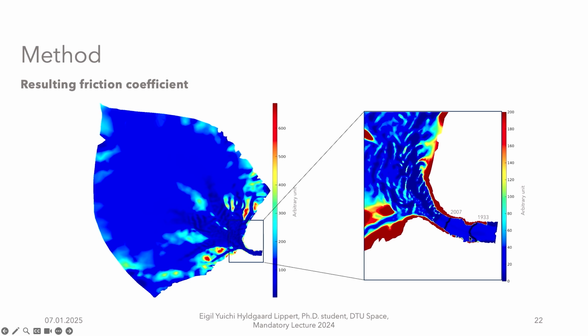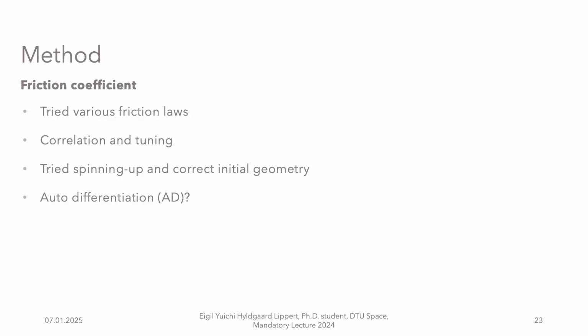It's slightly darker. I don't know if you can see it, but it's slightly darker in the middle. And yeah, it kind of worked. But this process, especially if it was to be more generalizable and repeated for other glaciers, it would be very interesting to figure out a better way to do this. And this is bringing me to automatic differentiation in a second.